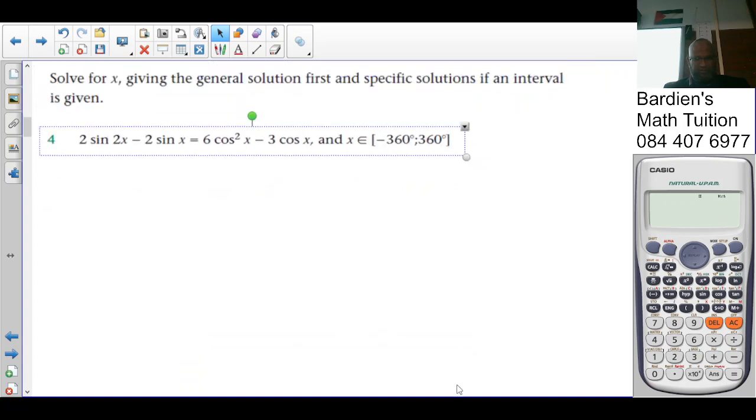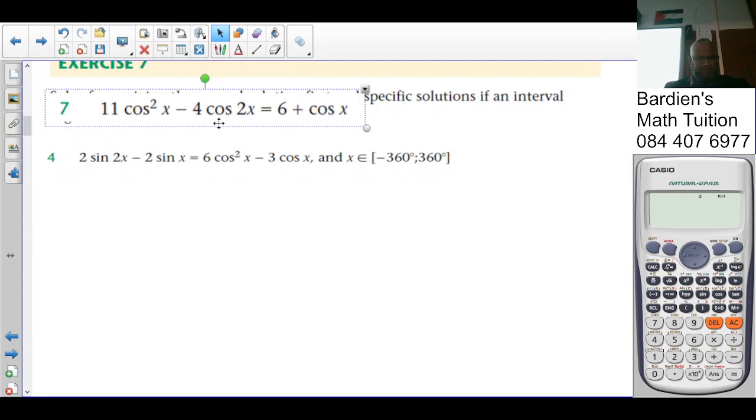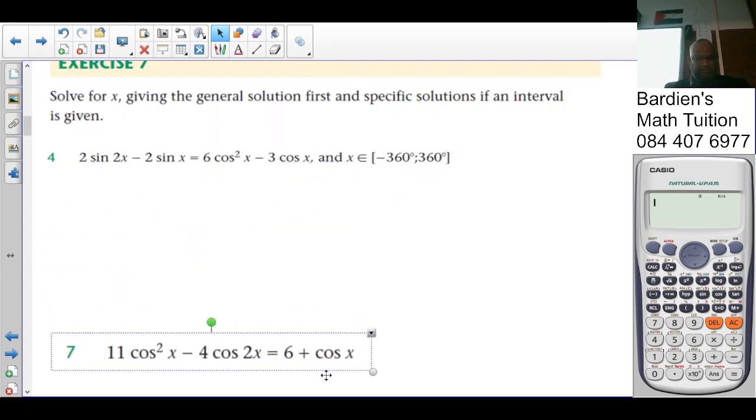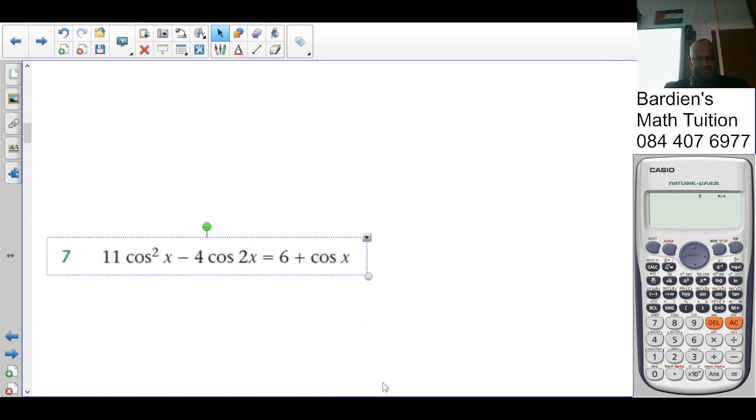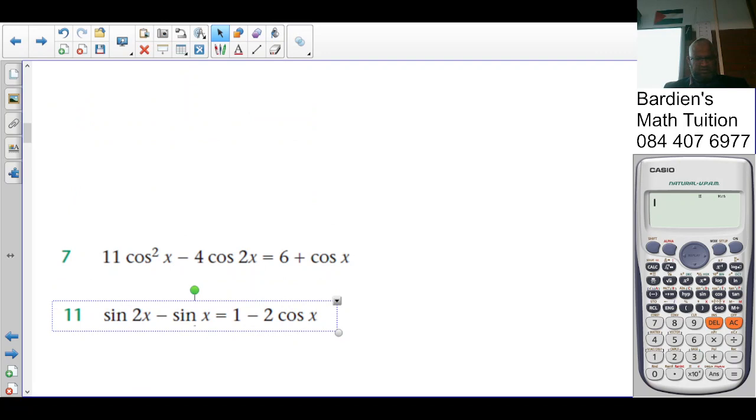Is number 4? Okay, so no problem. Number 5, 6, 7, 8, 9, 10, 11. That was the sum you asked me earlier. 11. 12. 13. 14.